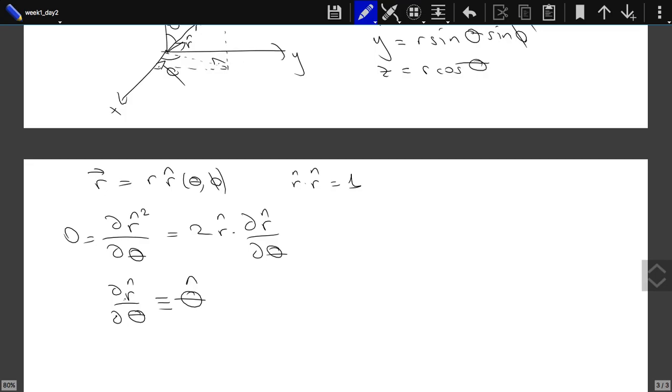Or in other words, y hat is the direction in which only y changes. In this partial derivative, I'm only changing theta, I'm not changing phi. So this vector is in the direction in which theta changes.